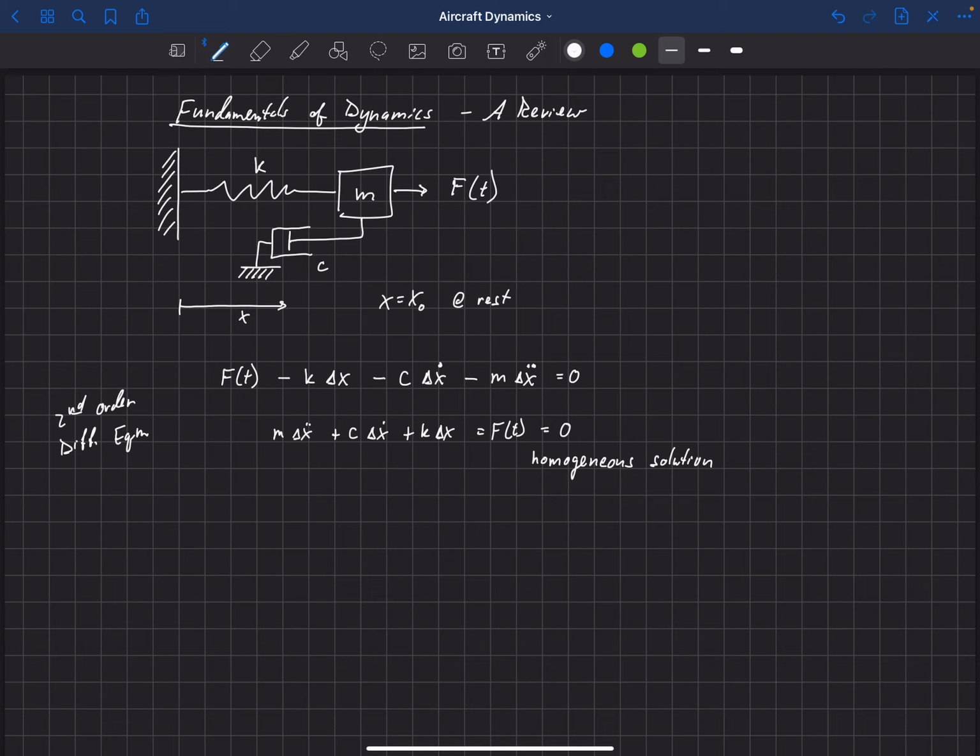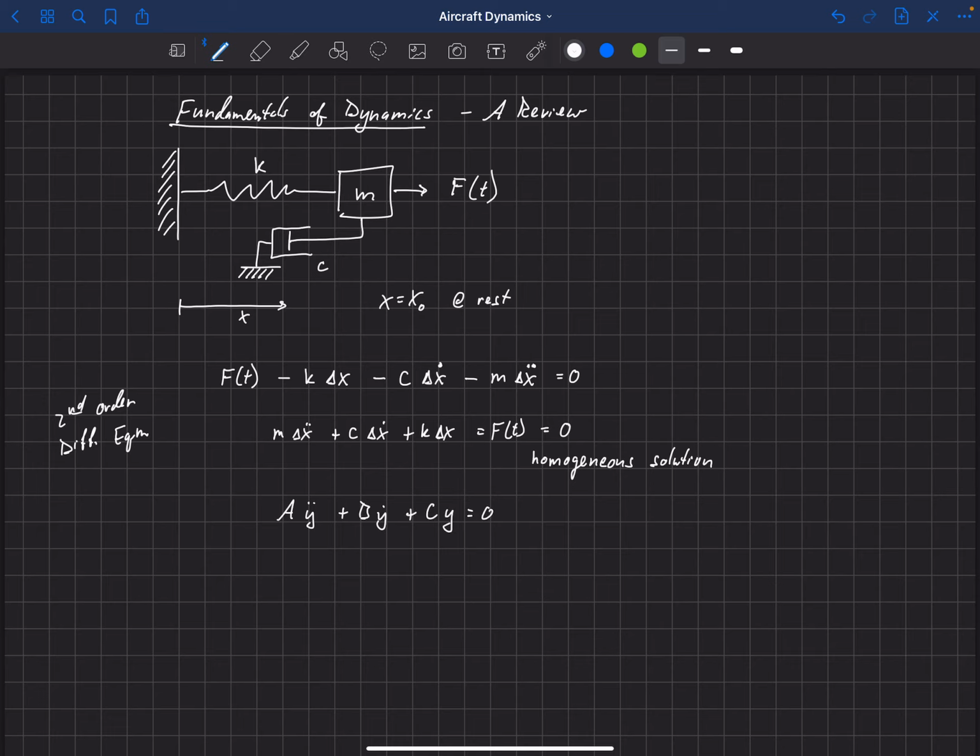Okay, so you might recognize the second order differential equation from another math class. This is a very common equation: y double dot plus b times y dot plus c times y equals 0.